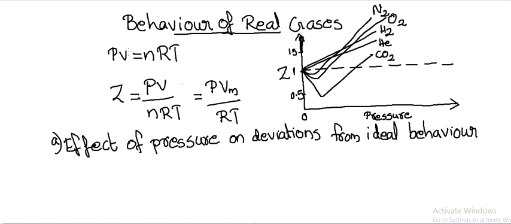The extent to which a real gas deviates from ideal gas behavior is represented in terms of a function called compressibility factor or compression factor, which is represented by Z. Z is defined as Z equal to PV by nRT, where we know that volume by number of moles can be replaced by Vm.